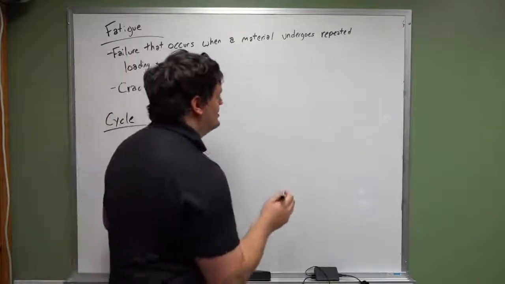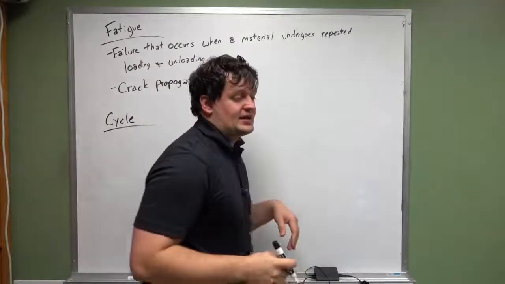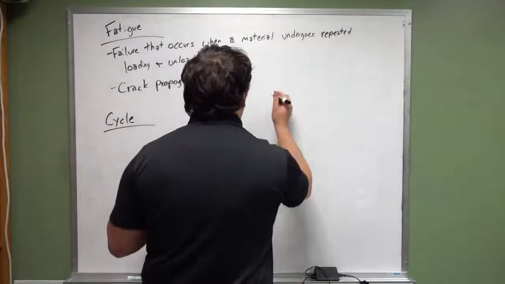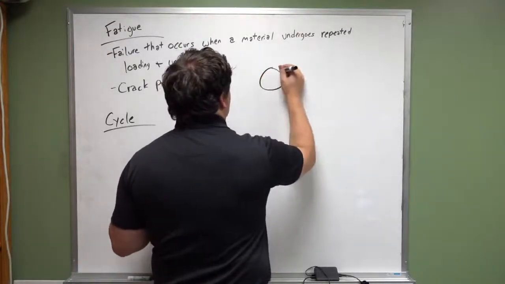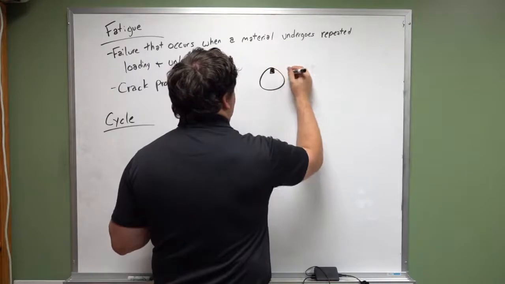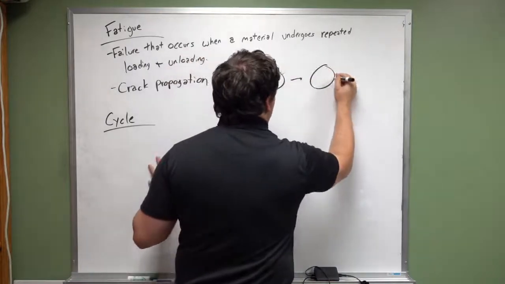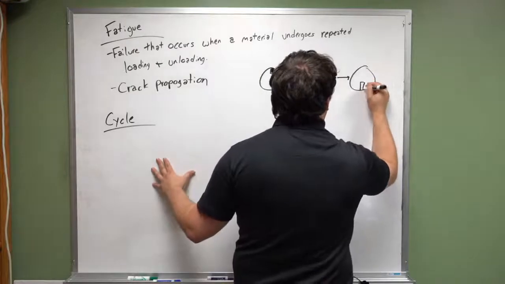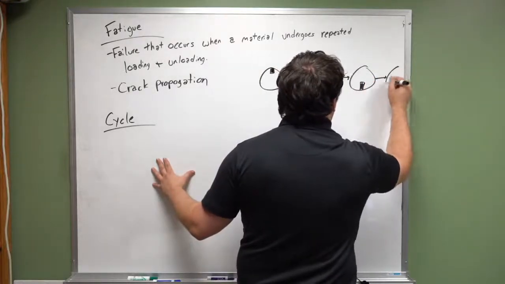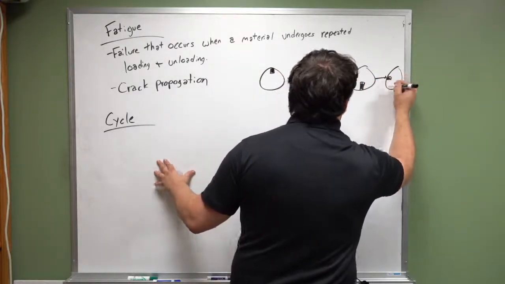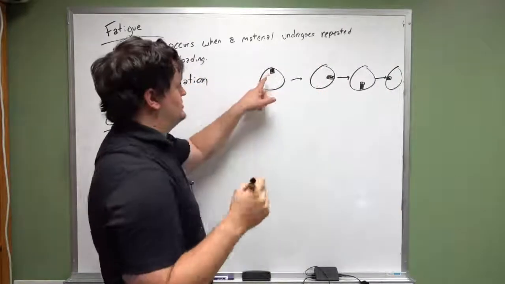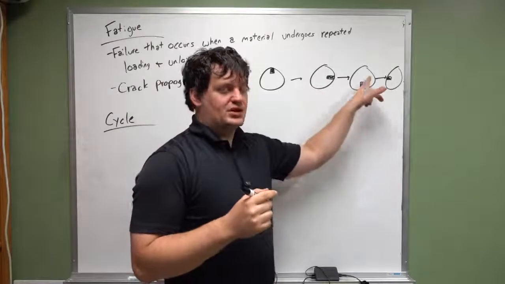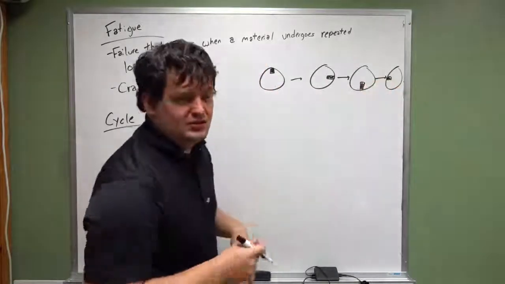Let's say we've got an axle, and the axle spins all the way around. One revolution of that axle, you're going to be experiencing some tension bending loading, nothing, compression bending loading, nothing, something like that.